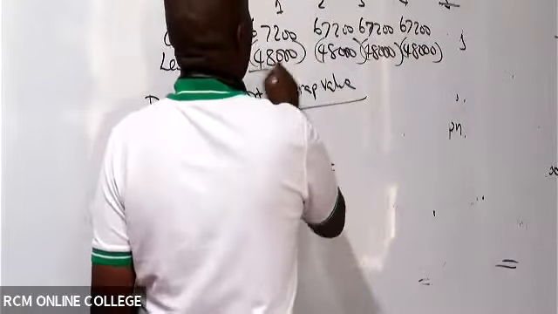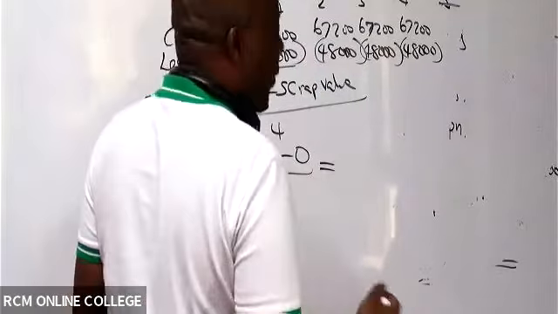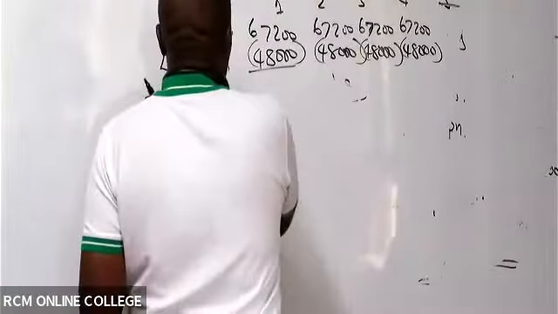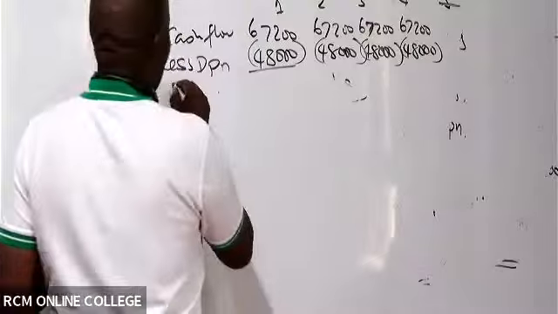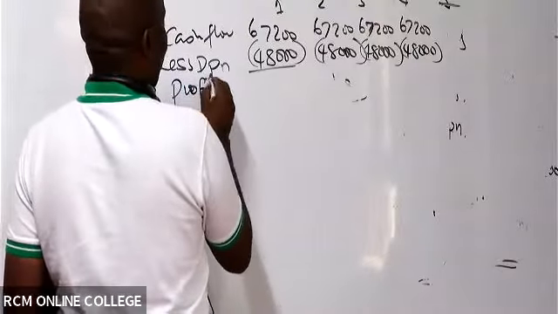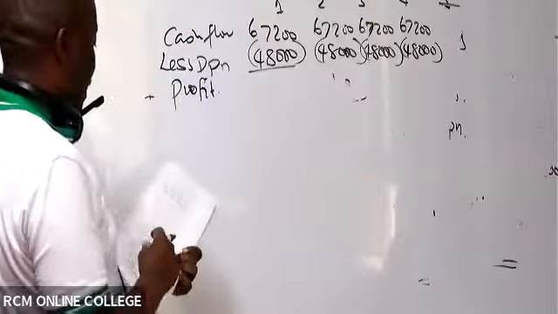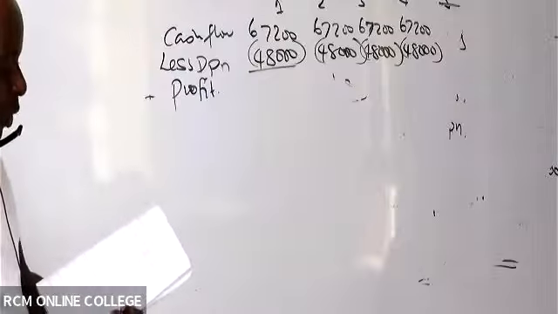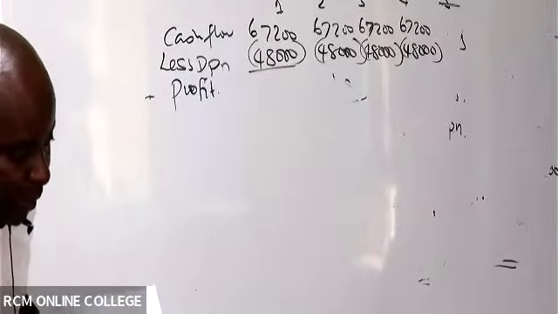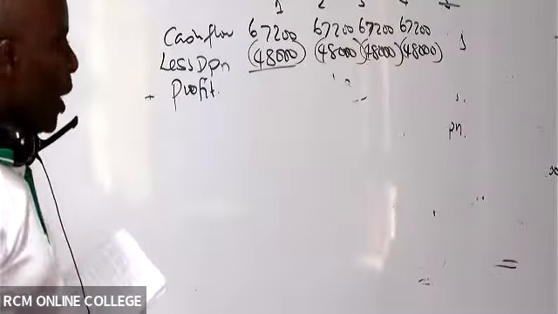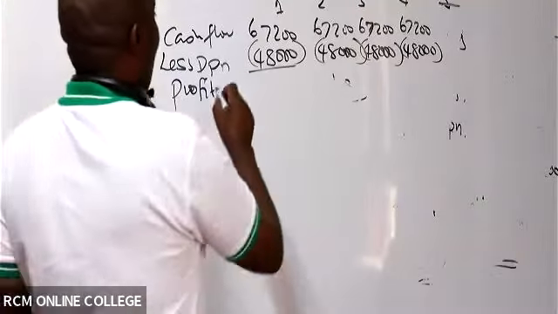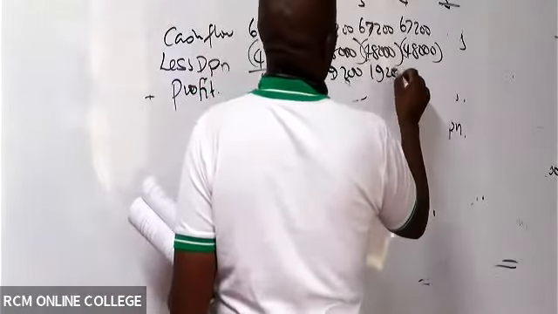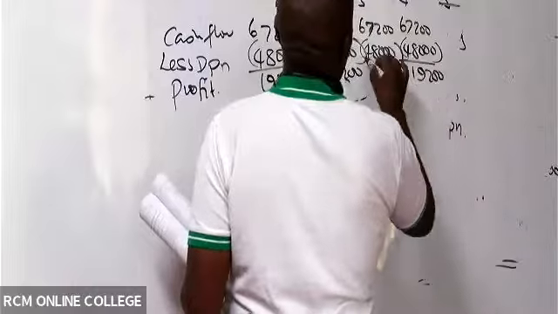Then you deduct this to give us the profit. The first one is 19,200, 19,200, 19,200, giving us what total?